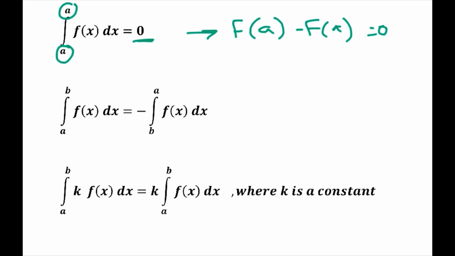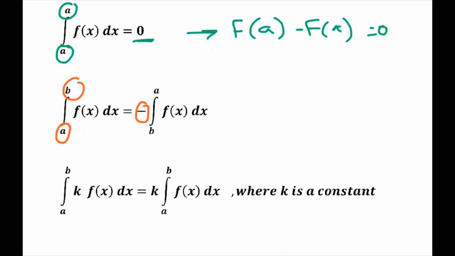Now about this one here, if I want to switch between the lower and the upper limit, I want it to be from b to a instead of a to b, I'm going to take a negative sign out. So they are equal to the negative of the integration from b to a.